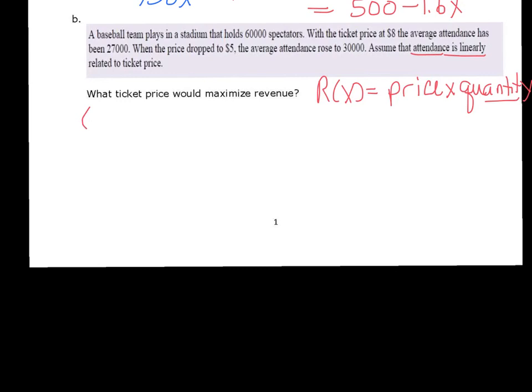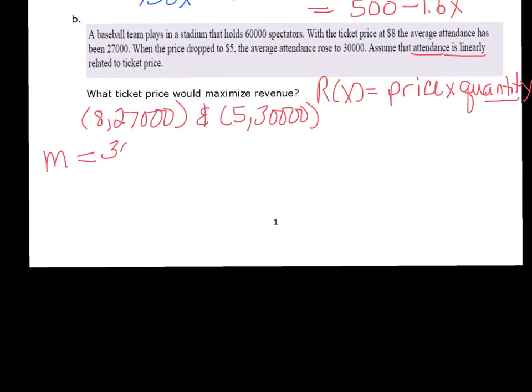We're given 2 points. We're given 8, 27,000 and 5, 30,000. So if we find the slope, that's 30,000 minus 27,000 all over 5 minus 8. Simplified, that's negative 1,000. I'm going to use the first point and plug it into the equation y equals mx plus b.